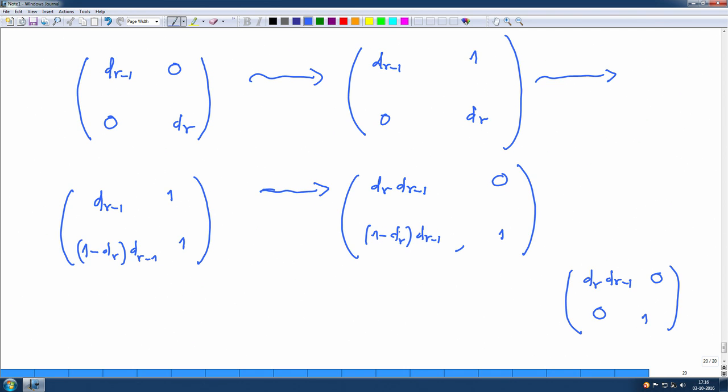So now what do we do? You multiply this by 1 minus 1 over Dr. So that is same as Dr minus 1 by Dr. Multiply this by that and add it here.